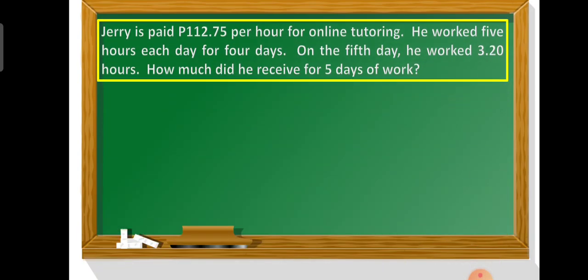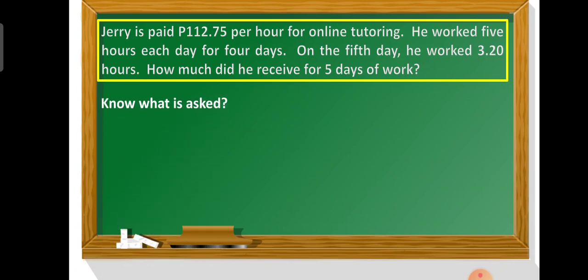So to begin, let us read and solve this problem. Jerry is paid 112 pesos and 75 cents per hour for online tutoring. He worked 5 hours each day for 4 days. On the 5th day, he worked 3 and 20 hundredths hours. How much did he receive for 5 days of work?